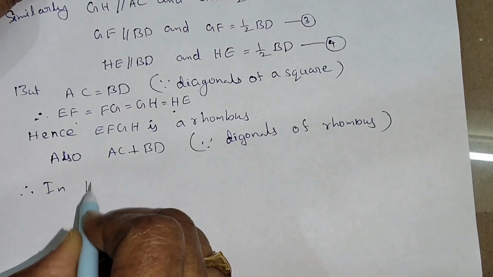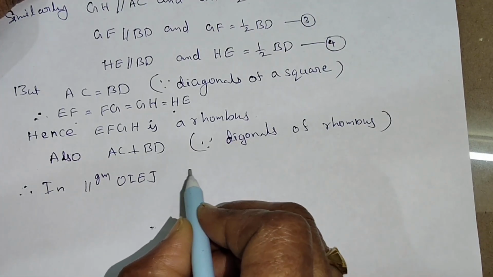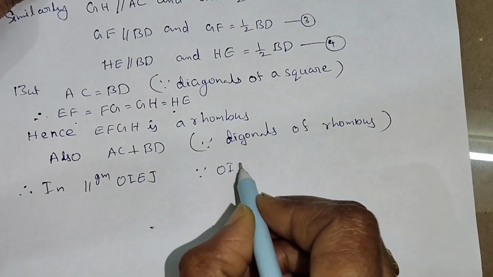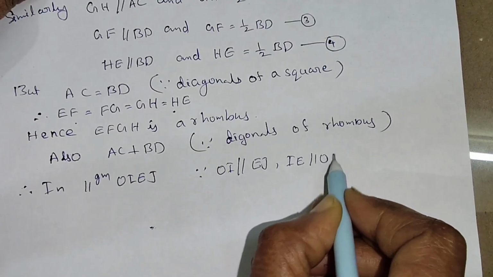Therefore, in the parallelogram OIEJ, OI is parallel to EJ and IE is parallel to OJ.